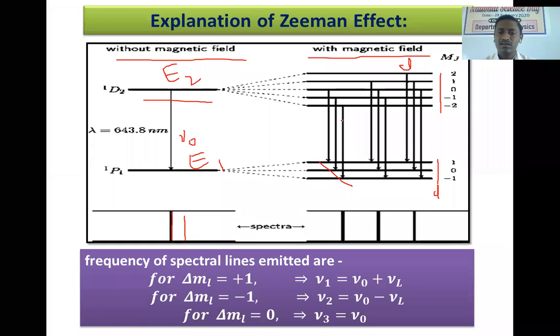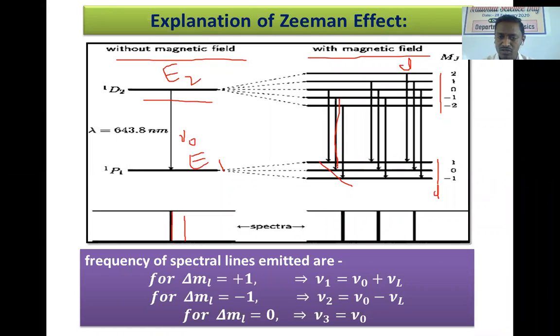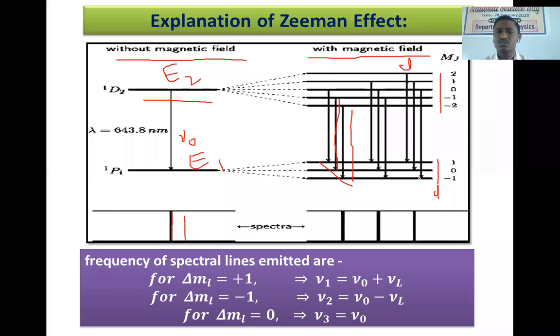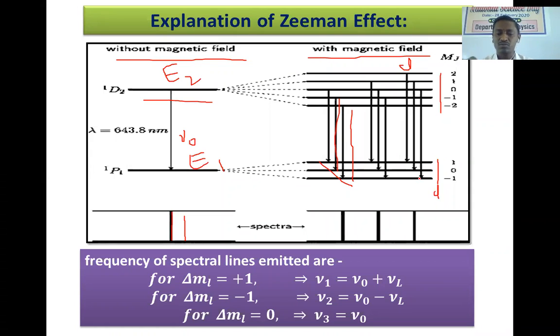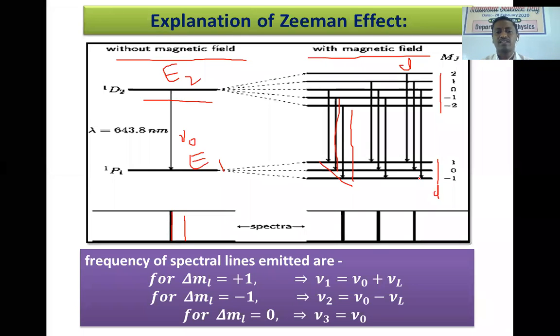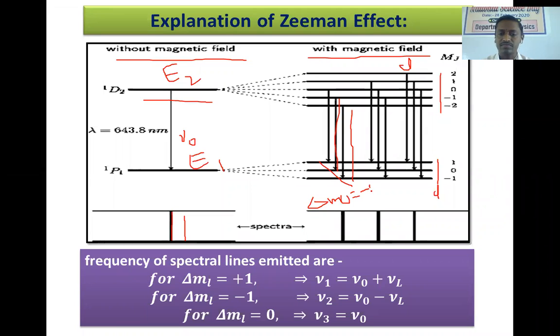Okay, here for the second line, see here, transition from minus 1 to 0, so minus 1 minus 0, that is minus 1. The third line is obtained from minus 2 to minus 1, so minus 2 minus minus 1, that is minus 2 plus 1, that is minus 1. So all these three lines are obtained when we use the selection rule delta ml equals minus 1.